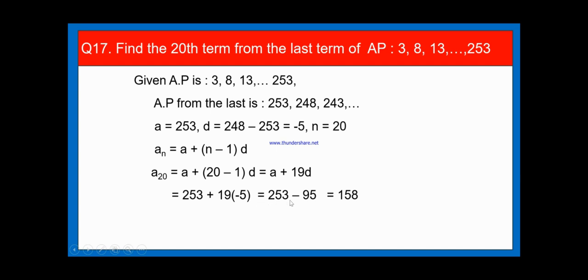That is 253 plus 19 into minus 5, that is minus 95. If you subtract 95 from 253, you will get 158. Therefore, the 20th term from the last is equal to 158.